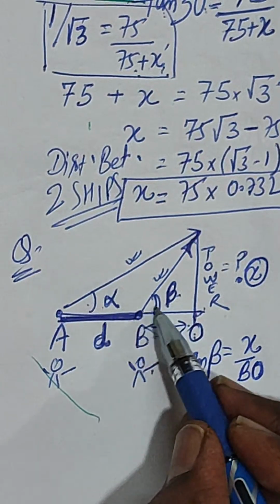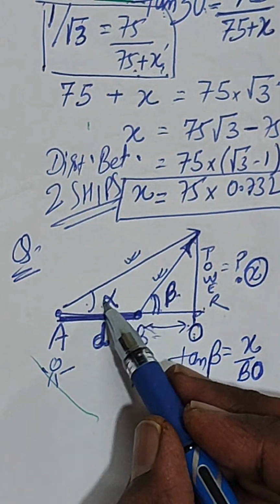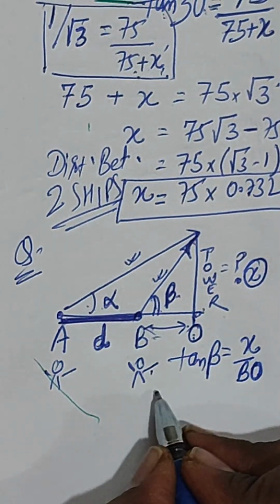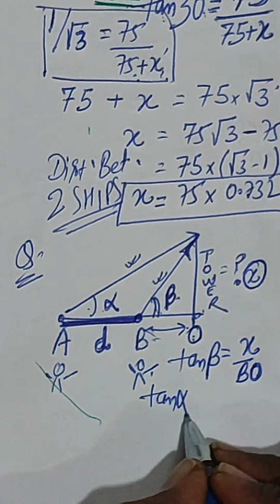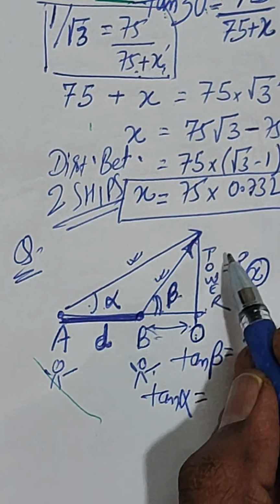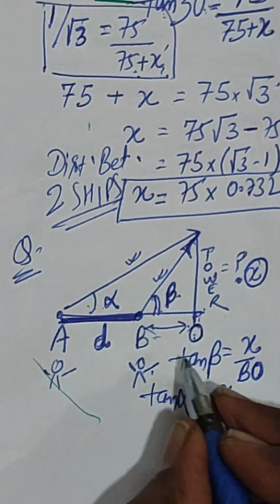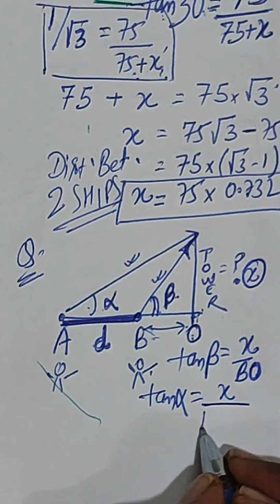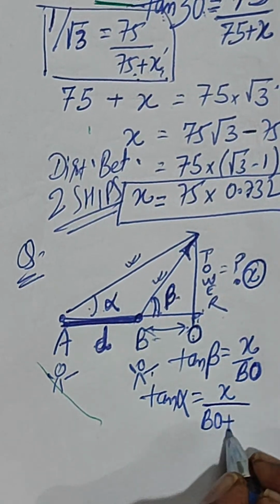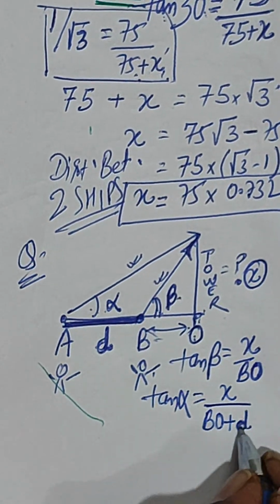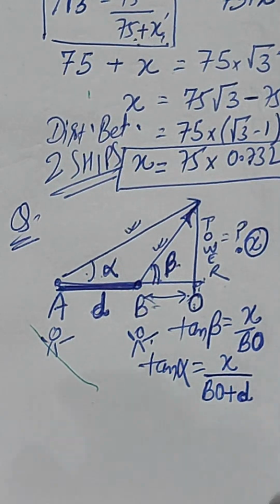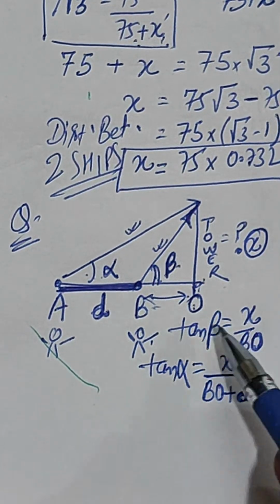And in the second one, you take the ratio of tan alpha. So tan alpha will give you the ratio of this tower height x divided by BO plus D. BO plus D, right?